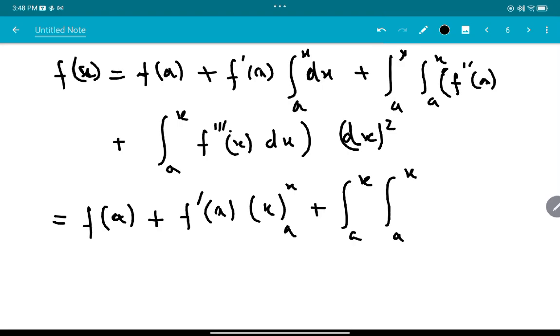This dx I should not have written here; I should have written it here. This dx is common to this and this. If you take f''(a) and its dx separately, you have f''(a) into dx, plus the last integral, the last one, that is f'''(x).